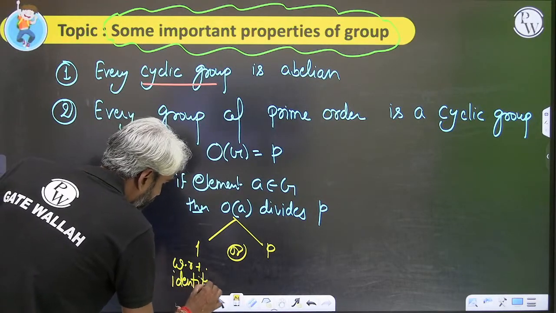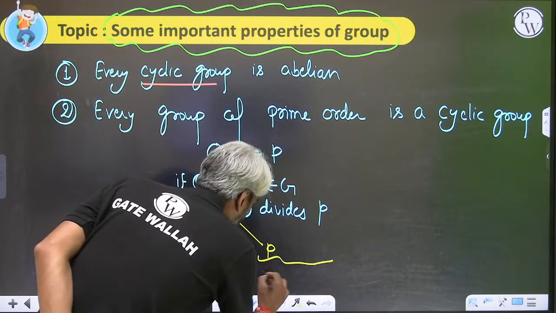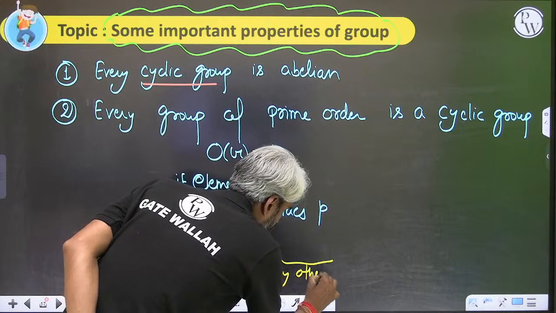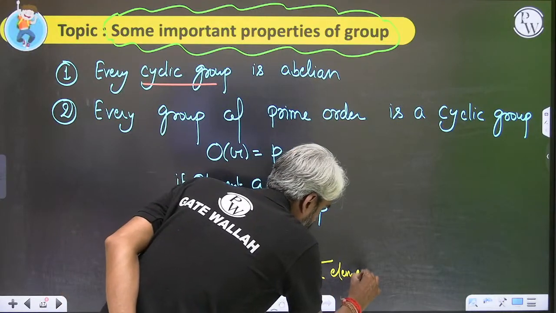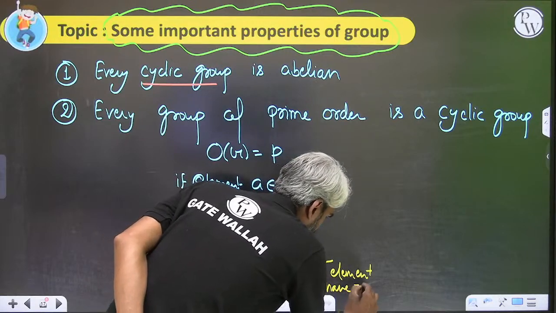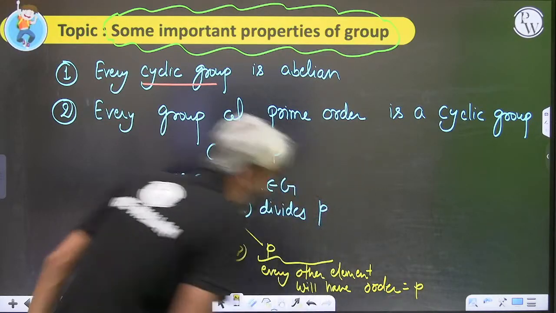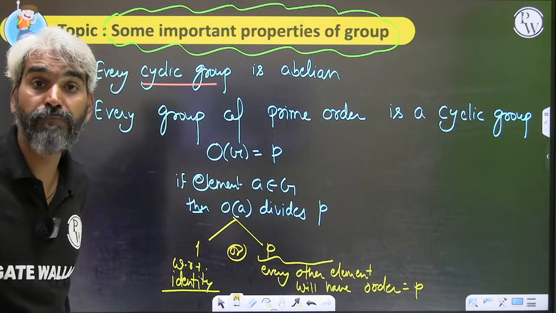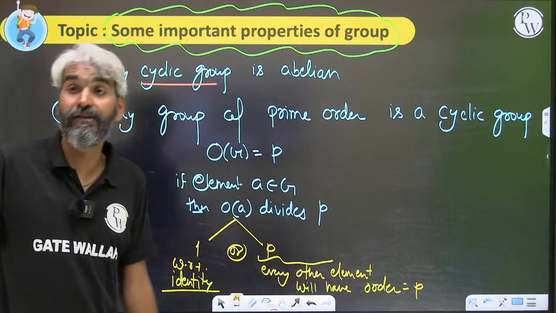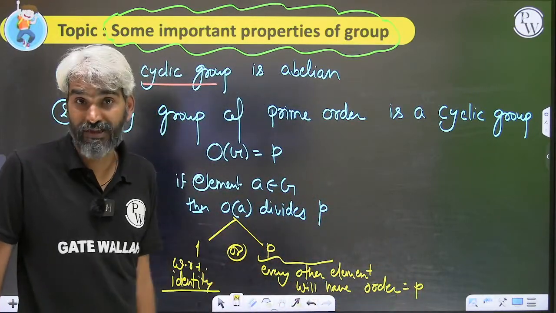Now except the identity element, whose order is 1, every other element will have order equal to P. Now, if the order of an element is the same as the order of the group, it will be the generator. If the order of the element is the same as the order of the group, that is P, then it will be the generator.